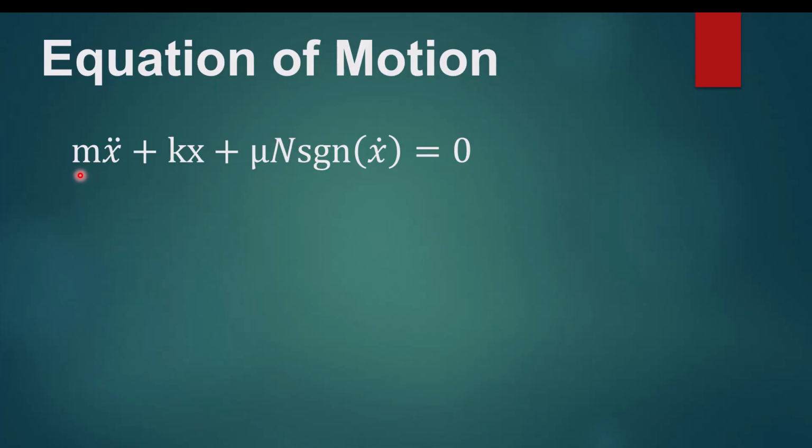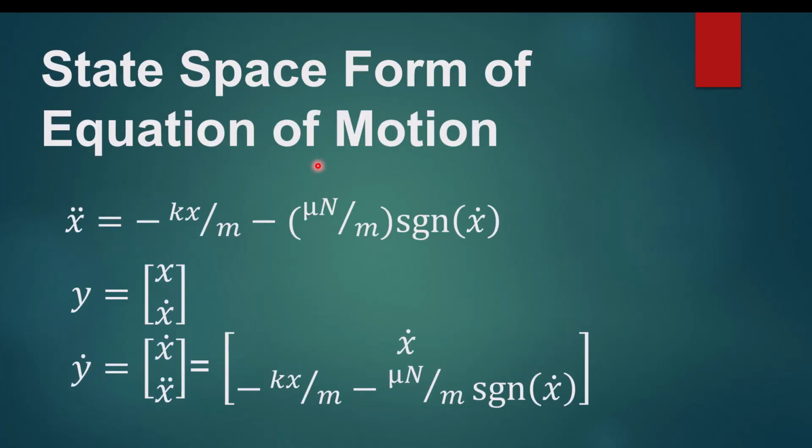As in the previous tutorials, we have ma for the inertial force, kx is the spring force, and mu N is the friction force, which is multiplied by the sign function.